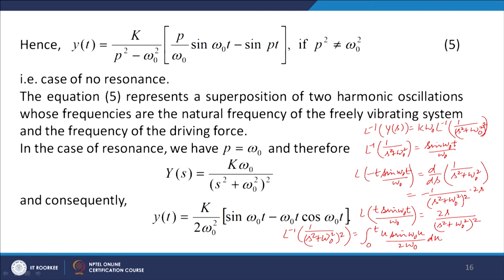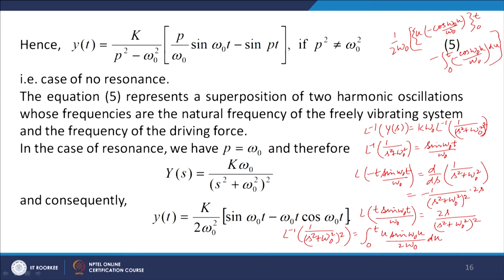Okay. Now this can be easily integrated. 1 over 2 omega naught, the integral of this is u times minus cos omega naught u divided by omega naught, minus the integral from 0 to t, the derivative of u being 1, of minus cos omega naught u divided by omega naught du, and here we put limits 0 to t.